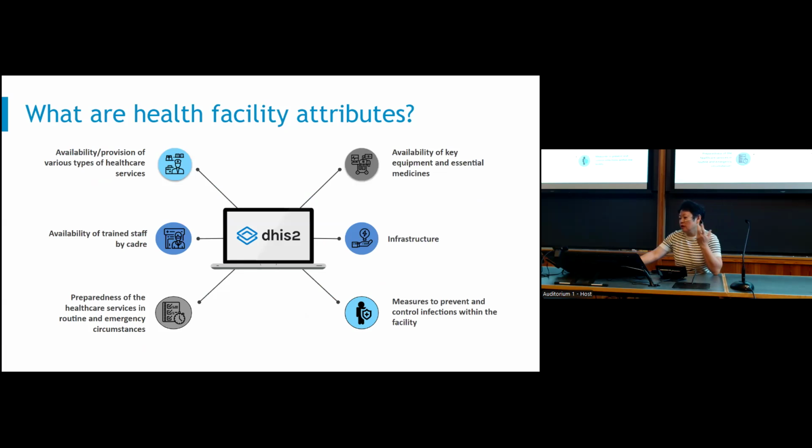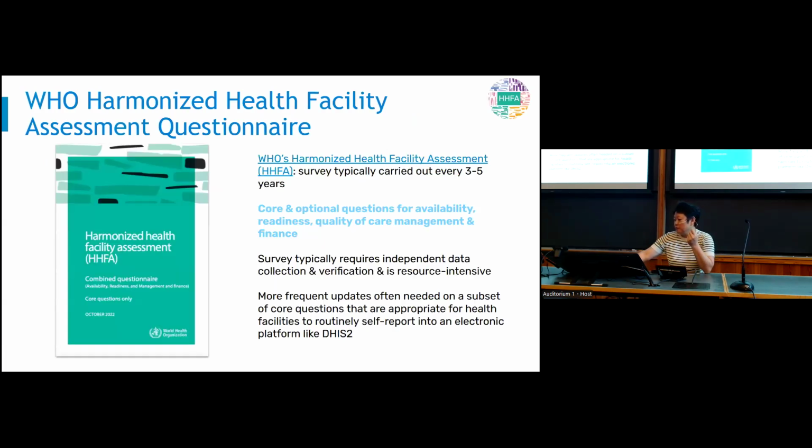So the different ways of looking at the facility: the health workforce, the equipment, the readiness of the services, the infrastructure, all the very typical things done in supportive supervision, which have a report and then get put aside. We wanted to make it live, to be something that can be addressed on a regular basis.